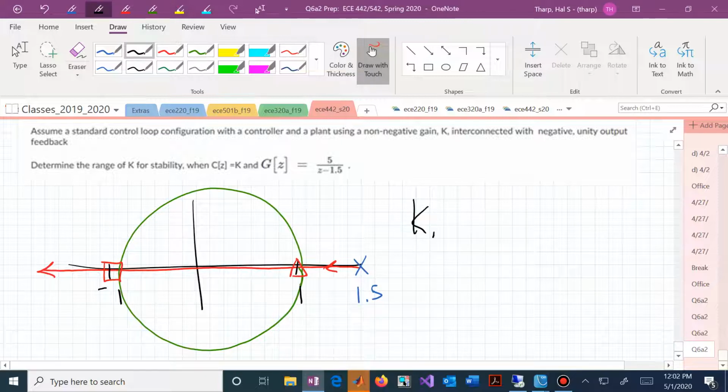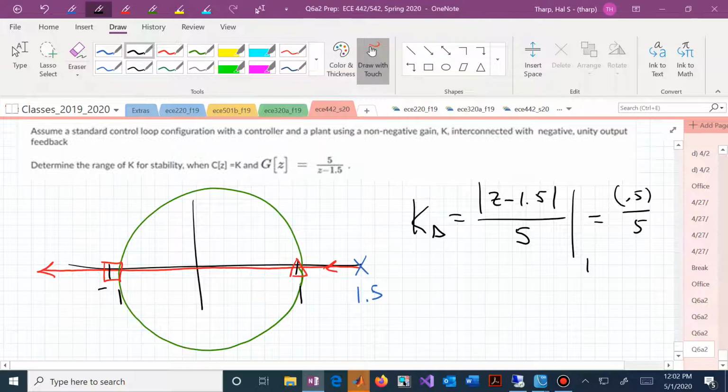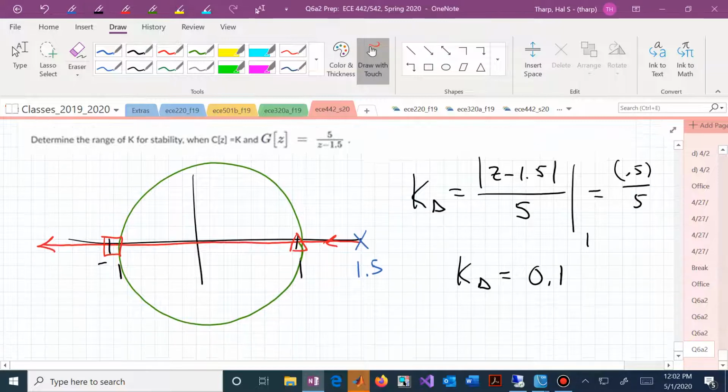Again, we want to find what's our gain at the triangle, and we can't forget the scaling factor, or the constant in the numerator, of 5. This is now going to be when z is equal to 1, so we have 1/2 divided by 5, or k triangle is 1/10.